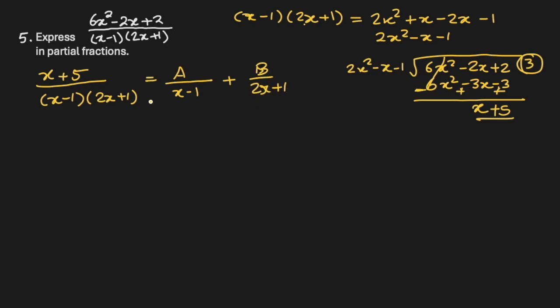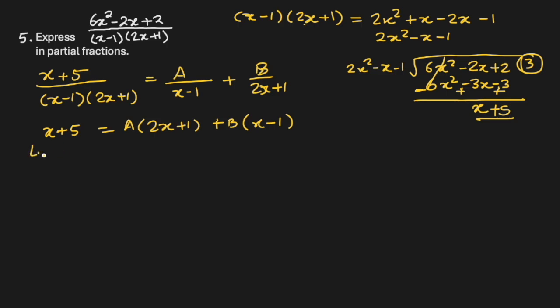So the LCM will become x minus 1 times 2x plus 1. To equate them, x plus 5 is the numerator of this side, and what will be the numerator of the right side? A will multiply with this, 2x plus 1, and b will multiply with x minus 1.